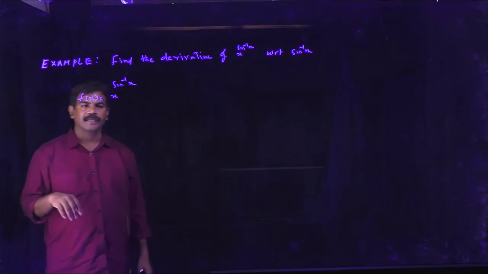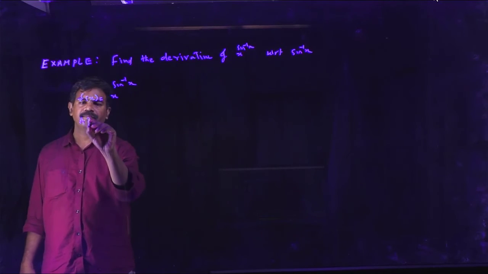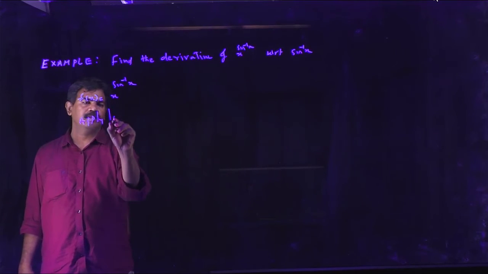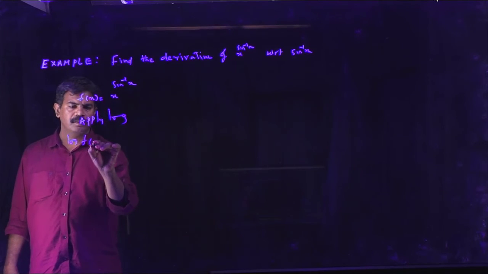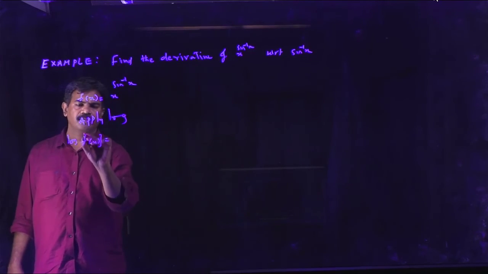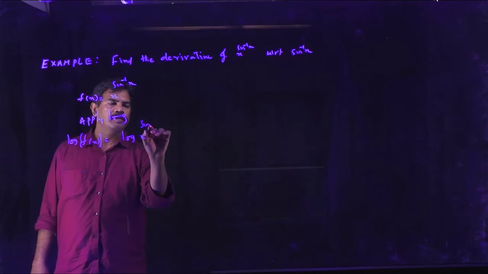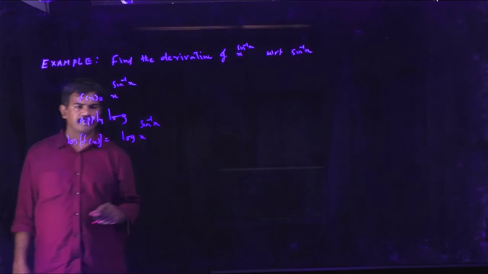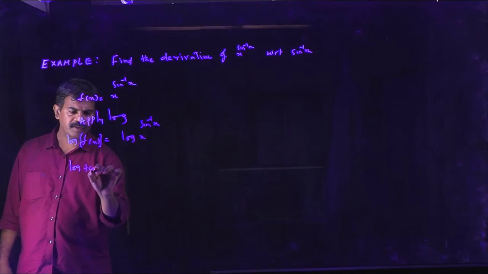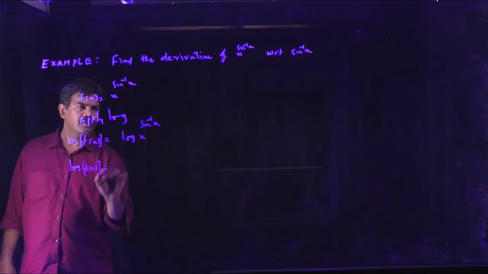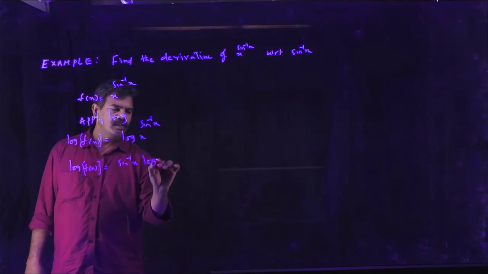That is, it is a logarithmic differentiation. Apply log. Log f of x is equal to log of x power sin inverse x. Log f of x is equal to sin inverse x into log x.